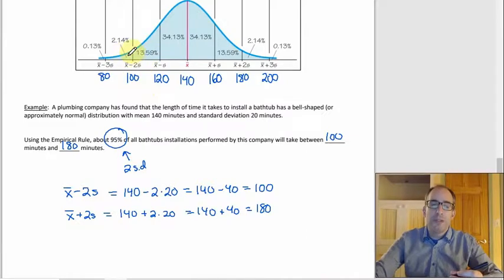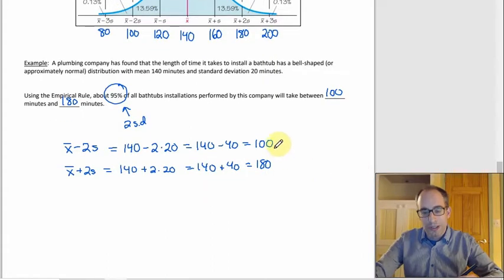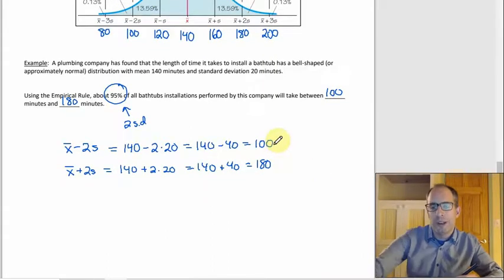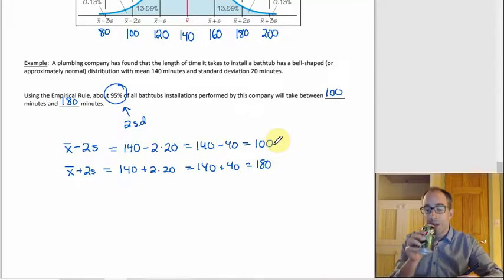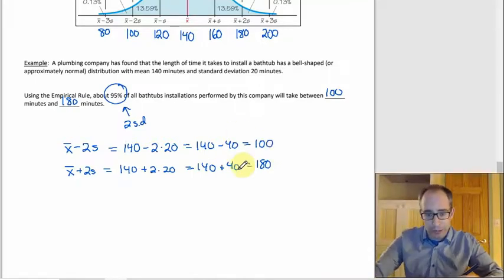So, even if you just think about it, most of the curve clearly is between 100 and 180, right? About 95% of it is. And so it's just this little tail out here and this little tail out here. Those are the unusual ones. So we'd already figured out these cutoffs. 100 was 2 standard deviations below the mean, and 180 is 2 standard deviations above. And that's exactly what you would use here.